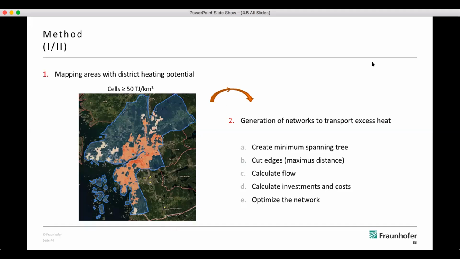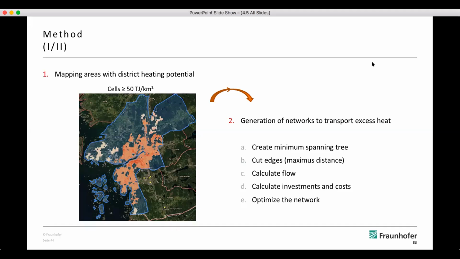And then the second step, which is more novel, is that we generate networks, and I would call it five smaller intermediate steps, how we are doing this. I'm going to present on the next two slides, on a visual basis, what we are doing there.